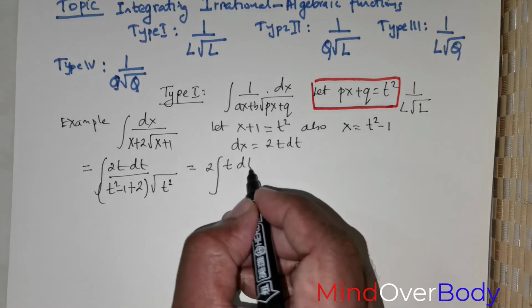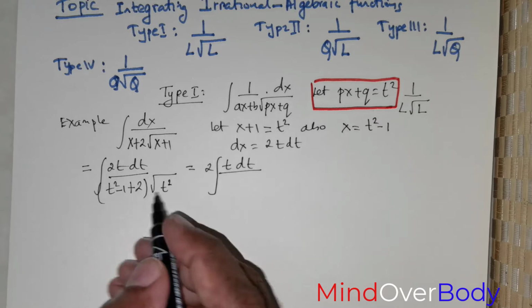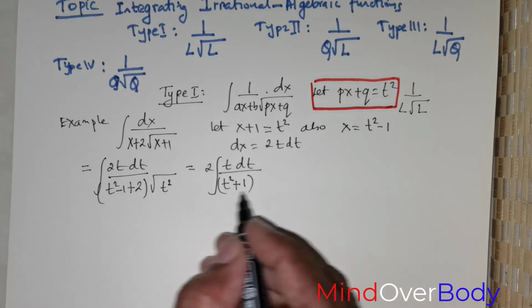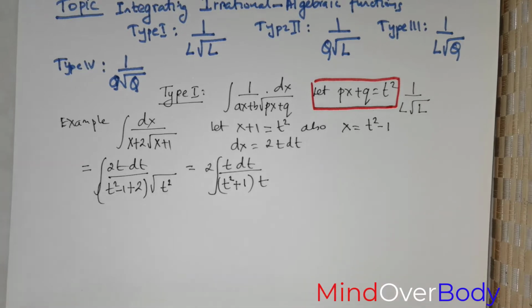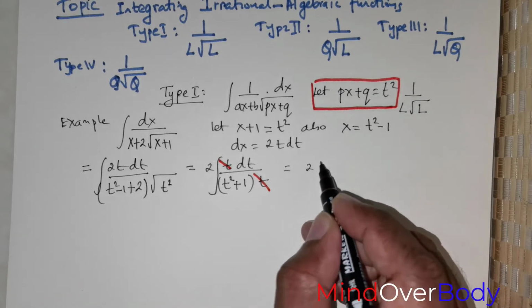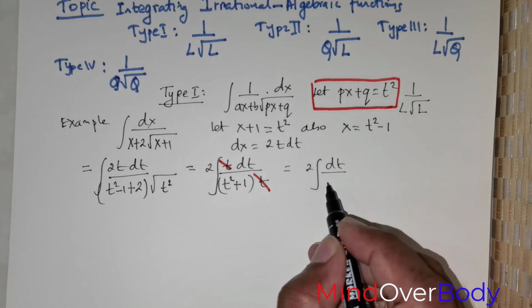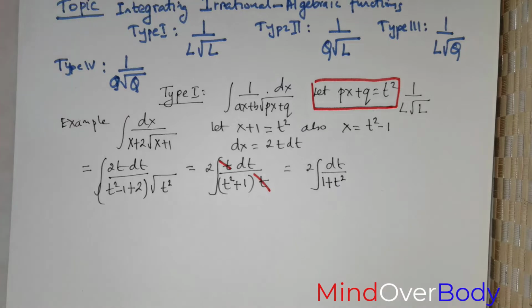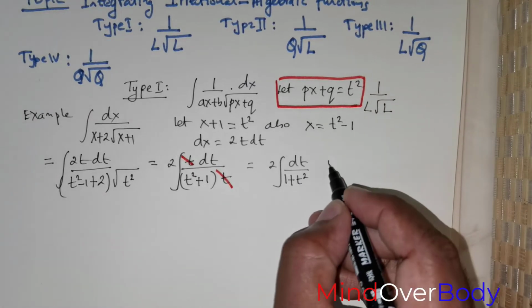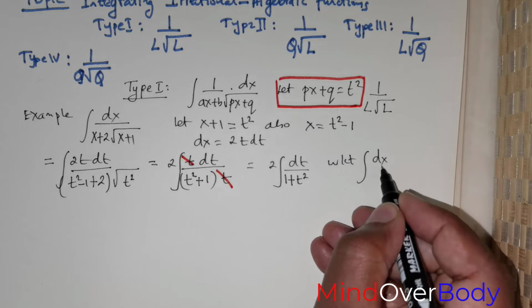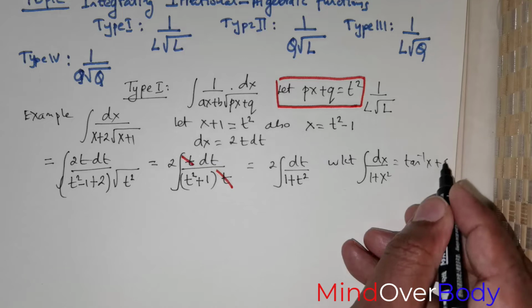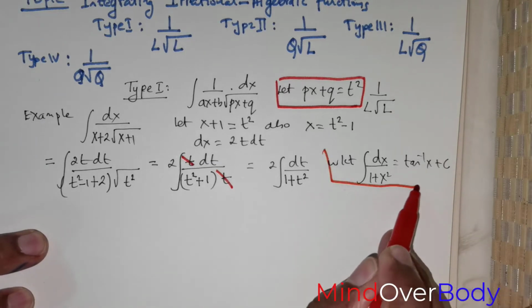This is rewritten taking 2 out. I have a t and a dt divided by minus 1 added with 2 would give me plus 1, so that's going to be t squared plus 1 times root of t squared, which will give me t. Now clearly I can cancel the t's here, and that would give me 2 times integral dt over 1 plus t squared. But what is this? This is actually a formula that we know. We know that integral dx over 1 plus x squared is nothing but tan inverse of x plus c.